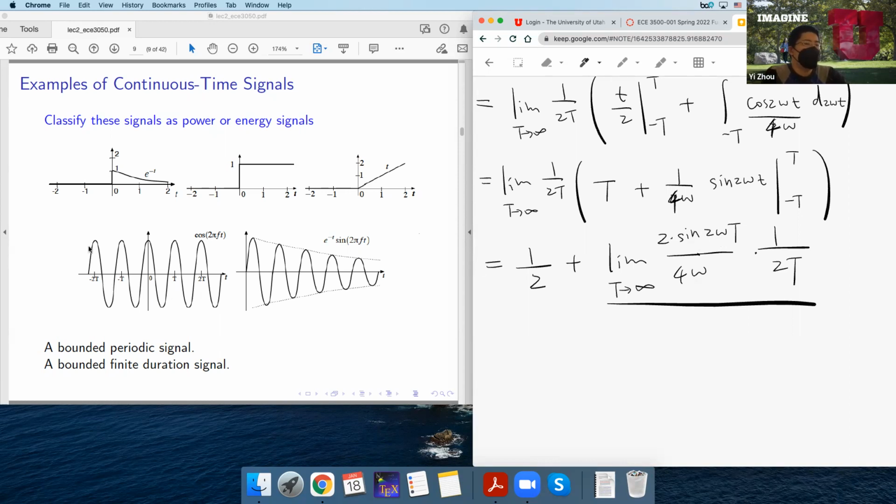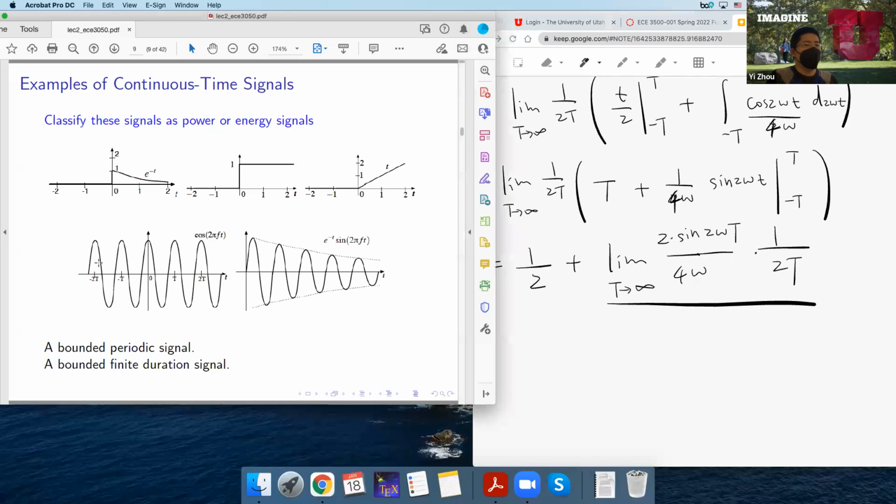If you look at this sine wave, the magnitude is always between -1 and 1, right? So the numerator should be bounded. No matter how big this capital T is, sine is always bounded between -1 and 1.